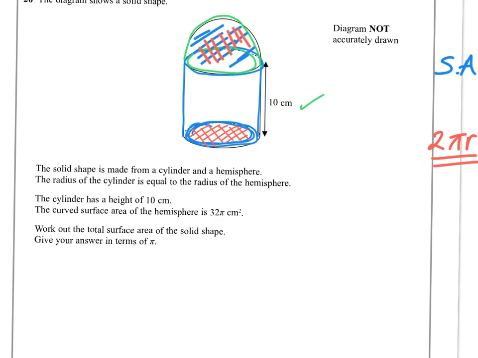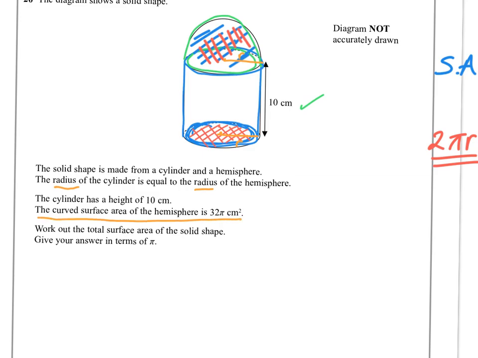Work out the total surface area of the solid shape. Give your answer in terms of pi. Well, you may be wondering what this distance is from here to here. Now we know the radius of the hemisphere is the same as the radius of the cylinder because it tells us that. So I think what you have to do in this case is look very carefully at this part here.